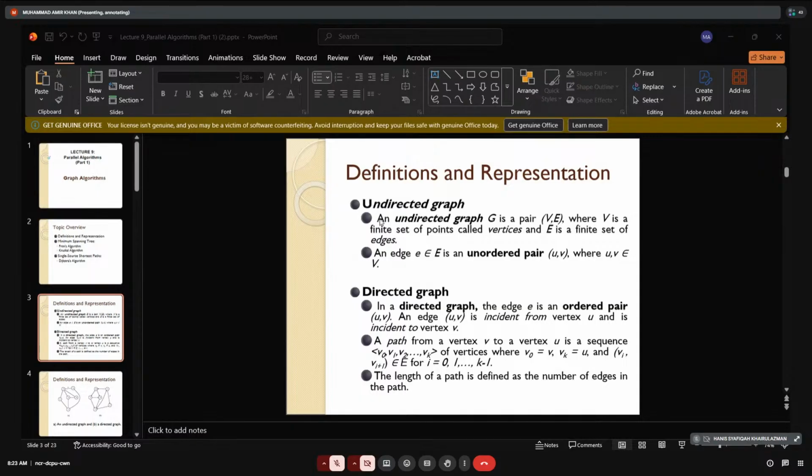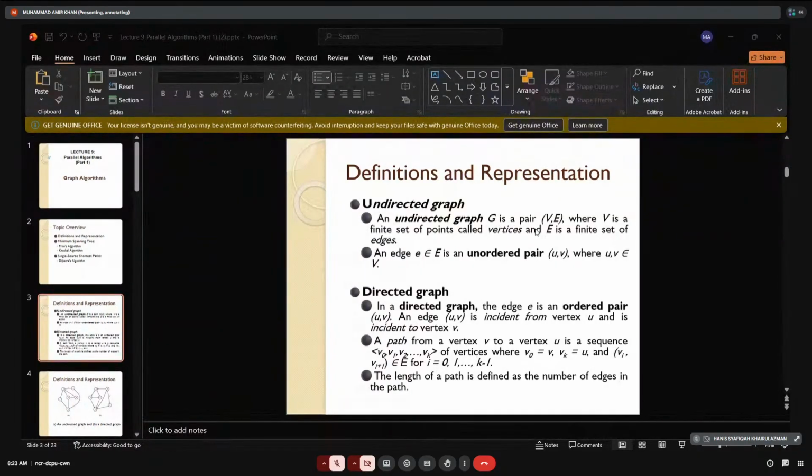An undirected graph, basically we call it G, is a pair (V, E). V is the finite set of points called vertices, and E is the finite set of edges. So in a graph we normally have two things, vertices and edges.